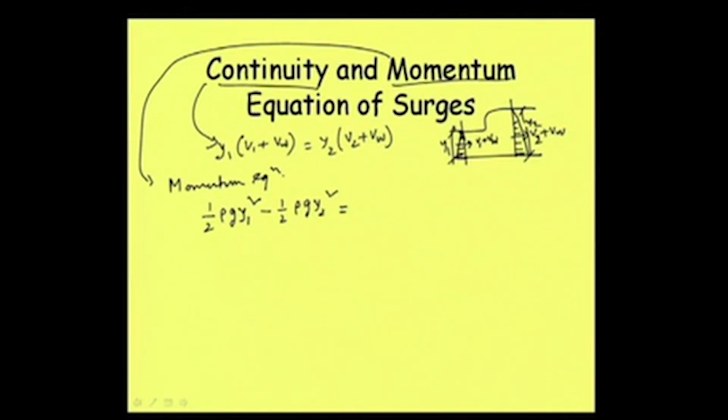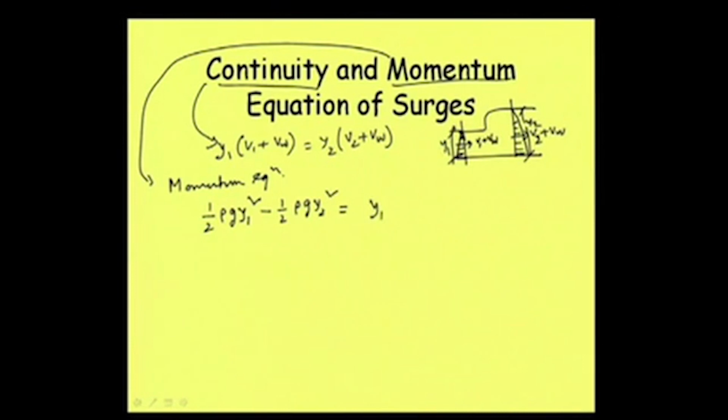Discharge does not change from here to here, because no other flow is added or taken out. We can write it in terms of the discharge of this part, because y1 is known to us, while y2 is not known, as it appears after the wave comes.